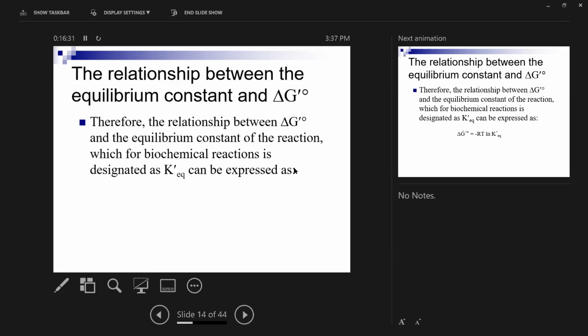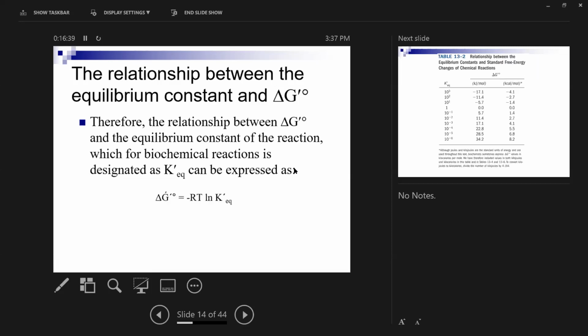So it's called K prime EQ, and this is the equation that relates the equilibrium constant with the standard biochemical free energy change. So it's minus the universal gas constant, R, times temperature, that's in Kelvin, times the natural log of K prime EQ.